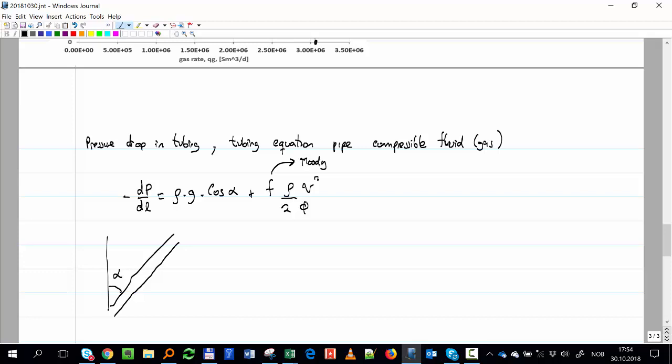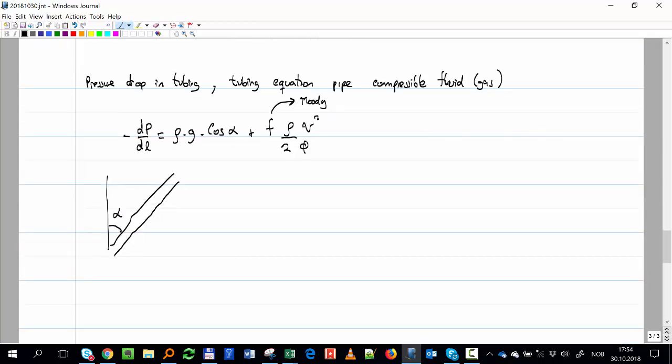So that means that the equation has to be integrated. I have to integrate, and I have to take into account the change in density. So how do I express the change of density as a function of pressure? If you remember from last class, just the real gas equation.